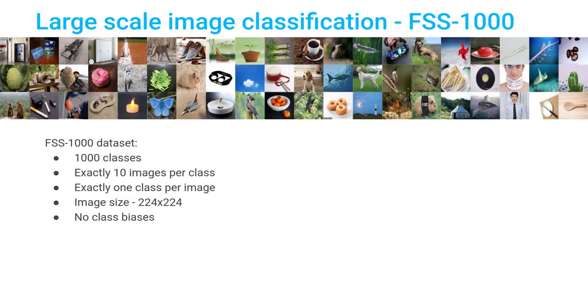It is collected to be similar to ImageNet, but having exactly 10 images per class, and the authors of the dataset avoid any biases between images. For example, FSS-1000 doesn't contain hundreds of images of dog breeds, unlike the ImageNet dataset that does contain them.